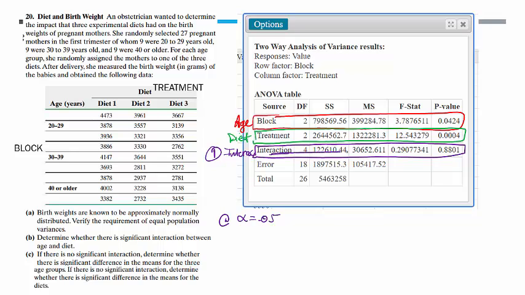We look at the interaction test. It has a p-value of 0.8801. So with a p-value of 0.8801, which is greater than alpha, we do not reject the null hypothesis, which means that we do not have evidence of an interaction effect.